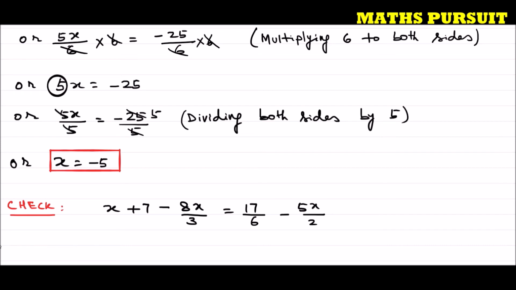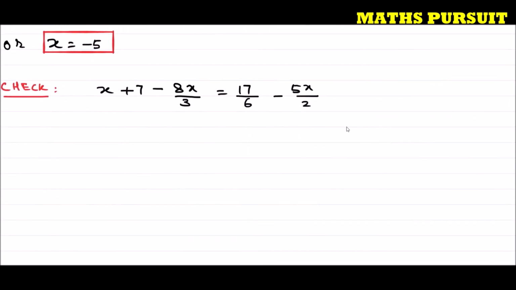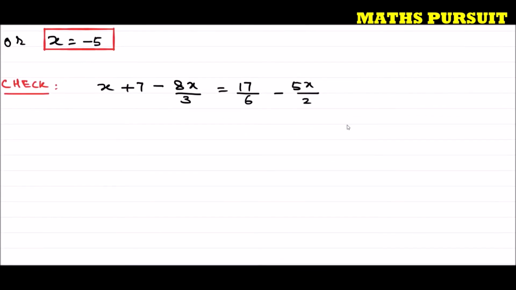Now let us first of all solve the left side of this equation. Then we will solve the right side of the equation. And we need to see whether the number that we get for the left side is equal to the right side or not. If both the numbers are equal, then the value of x that we found out is correct. So we will start with the left side of the equation. LHS here is x plus 7 minus 8x upon 3.